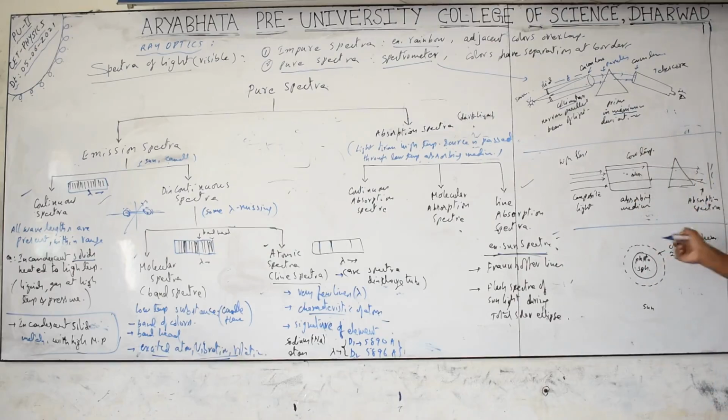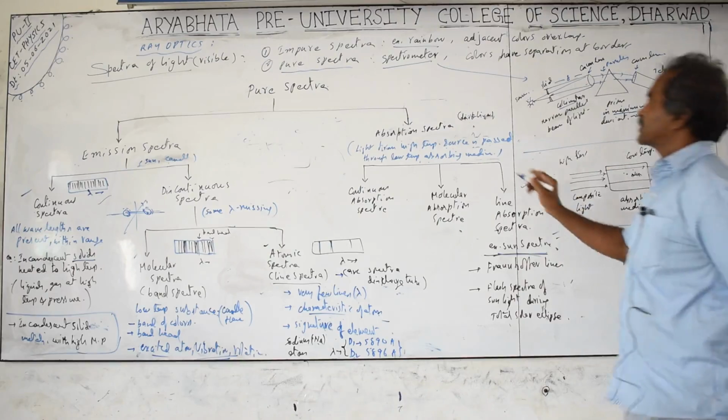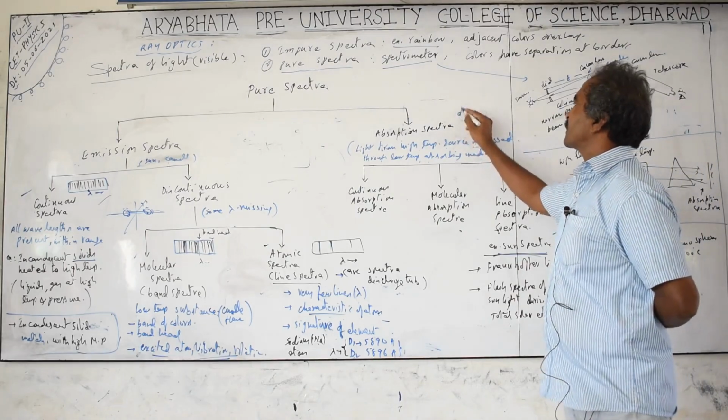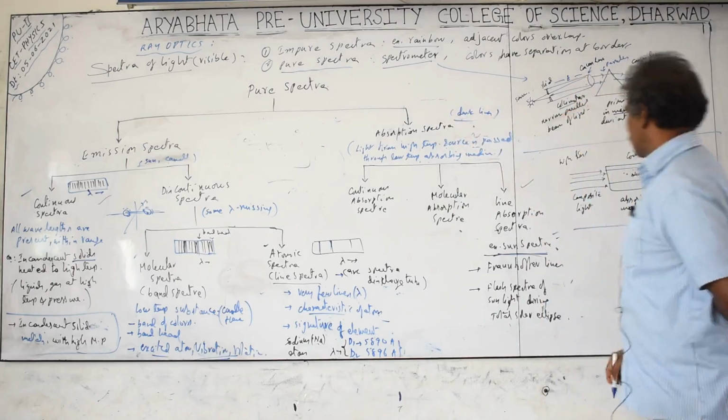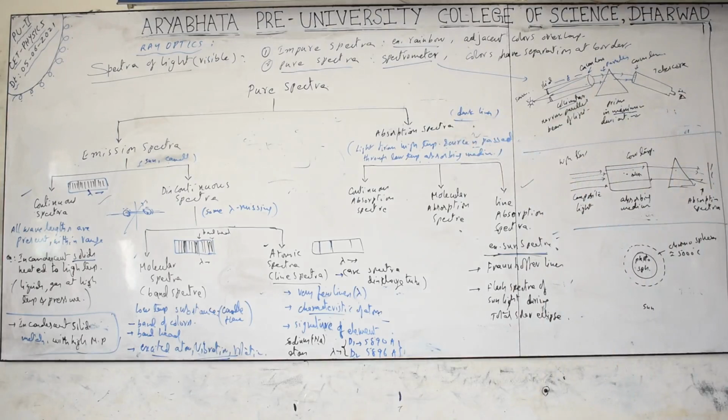If you compare with the continuous spectra, some wavelengths are missing. The missing wavelengths appear as dark lines in the white background on the screen. Those dark lines of the sun spectra are called the Fraunhofer lines. These are important ones.